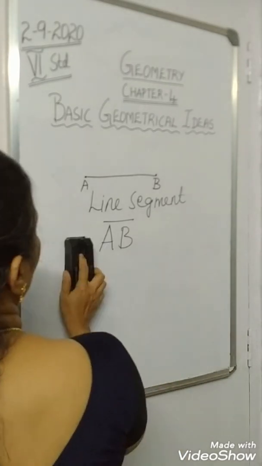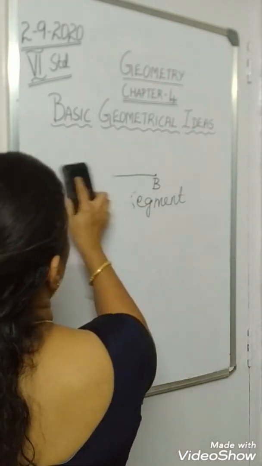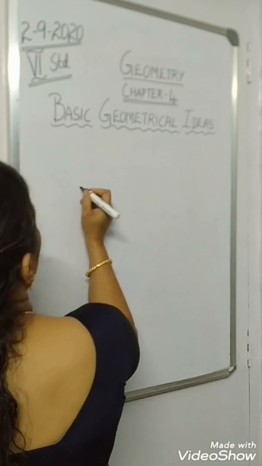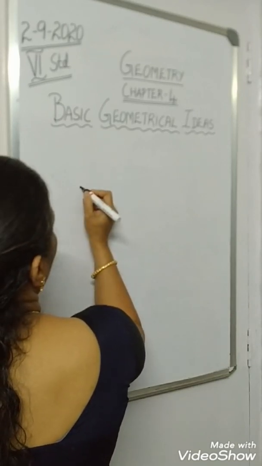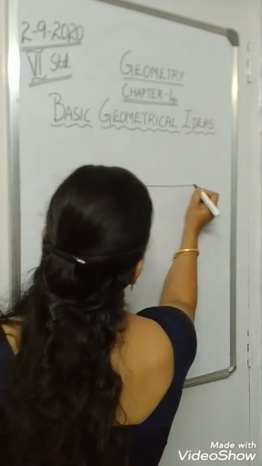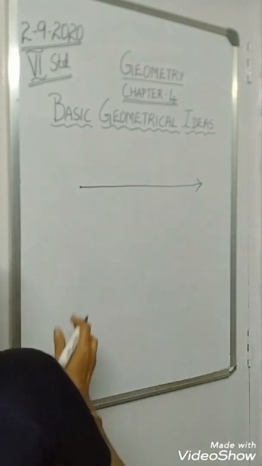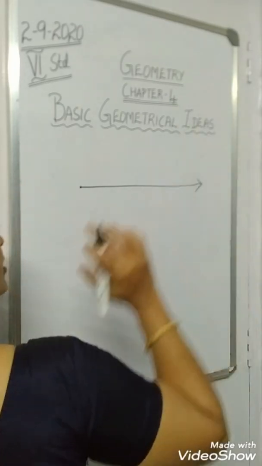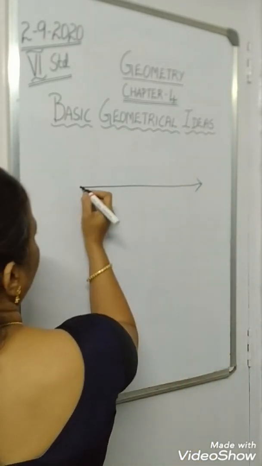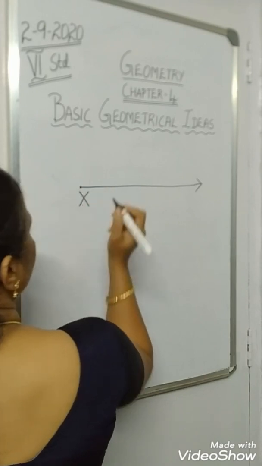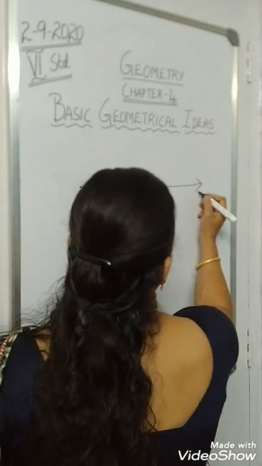Let us see now the next one. Look here, a point is extended to one side. When I put an arrow mark, it indicates that this line is extended to one side. This is the starting point. We can indicate it by X, suppose, and it moves on.